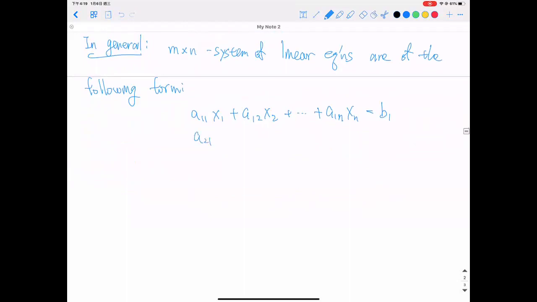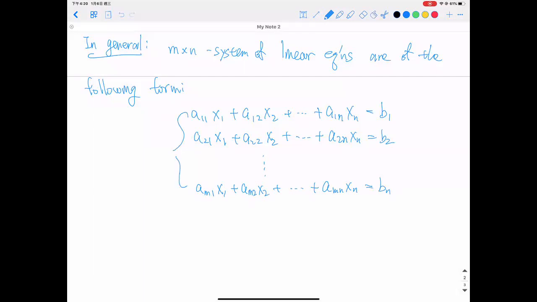Then a21 x1 plus a22 x2 plus ... plus a2n xn equals b2, and likewise continuing on to am1 x1 plus am2 x2 plus ... plus amn xn equals bm.